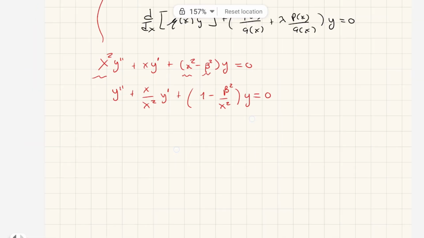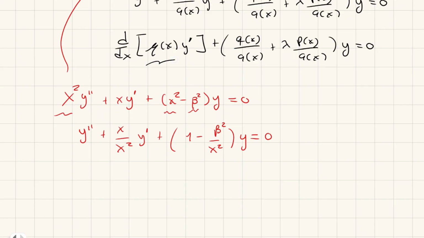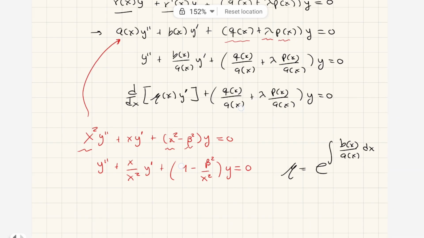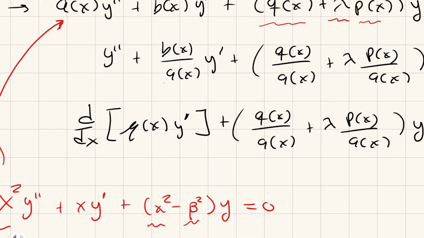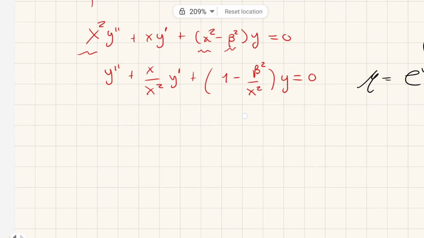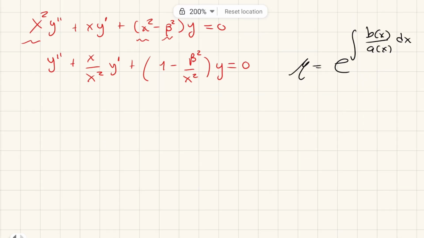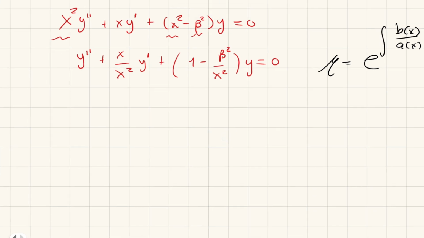You should remember that the integrating factor that we found in that video is defined as e to the integral of b of x divided by a of x dx. Recall that b of x divided by a of x is the coefficient of y prime, right? So in the Bessel equation, that coefficient is x divided by x squared, which is of course 1 divided by x.